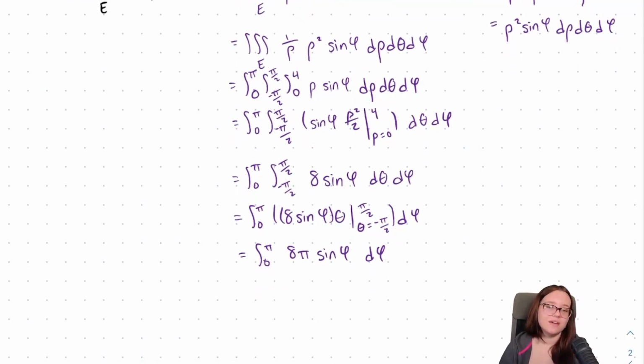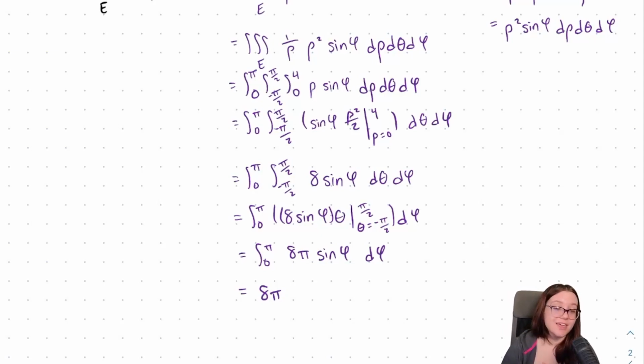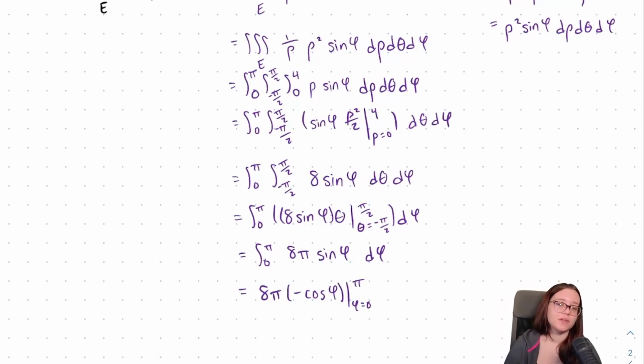Awesome. Now 8 pi is just a constant, so I can pull it out. And I'm just integrating sine phi. I know that the integral of sine is negative cosine, because the derivative of cosine is negative sine. So I've got negative cosine phi, where phi goes from 0 to pi.